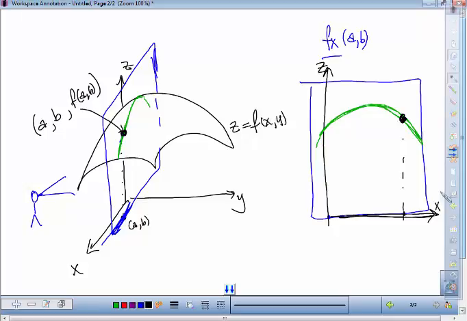Y equals b has been shifted to some b level in the y. So this is actually the plane y equals b. So that plane y equals b cut the surface, and so all we see is a curve.